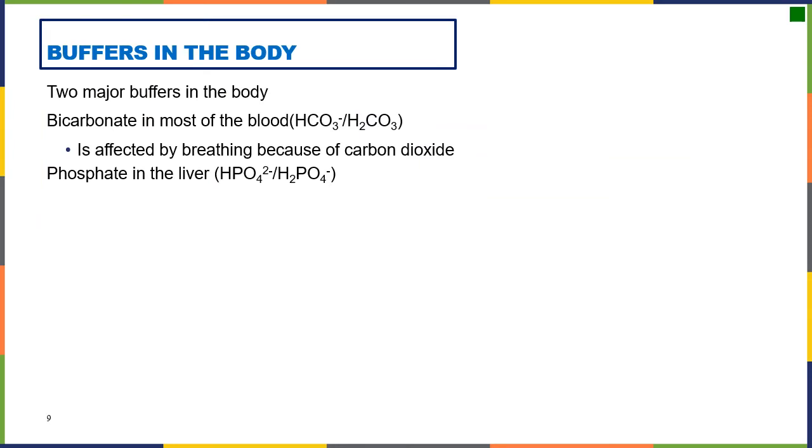If we go farther, we need to realize that buffers are all over chemistry and biology and geology, and we've got two blood buffers in our bodies. One of them is caused by breathing of carbon dioxide, and that's the hydrogen carbonate, bicarbonate system, and the other is a phosphate system that's in our liver. I'm going to look at the bicarbonate system.